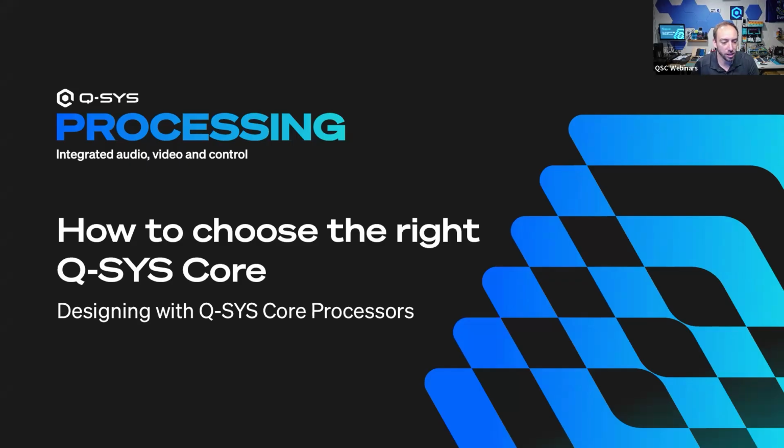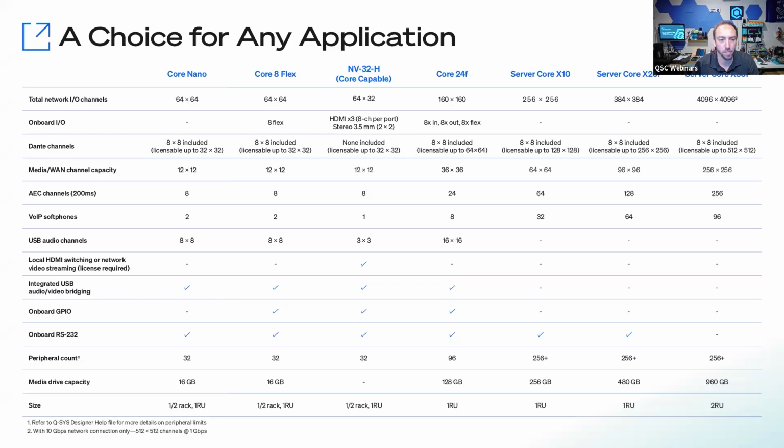A lot of the questions about what core you want can be answered just by walking through this one sheet of capabilities for each core and doing a checklist of, okay, I have this number of transport channels from my peripherals, I have this many ceiling microphones, so I have this many AEC channels.